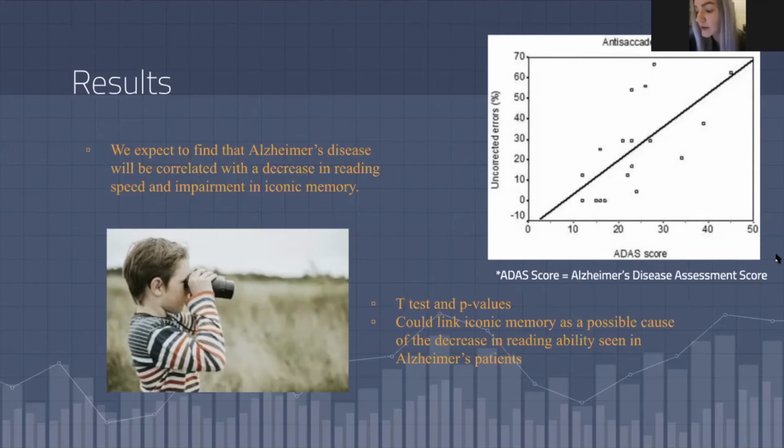You can see that the best fit line shows that the 2 are correlated, and for example, for a decrease in reading speed, you'd probably see the line going the opposite direction.